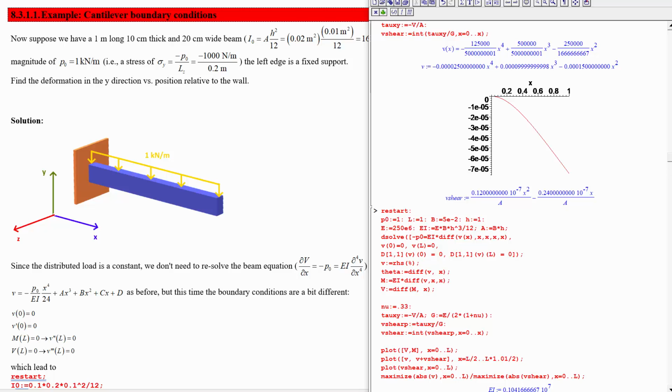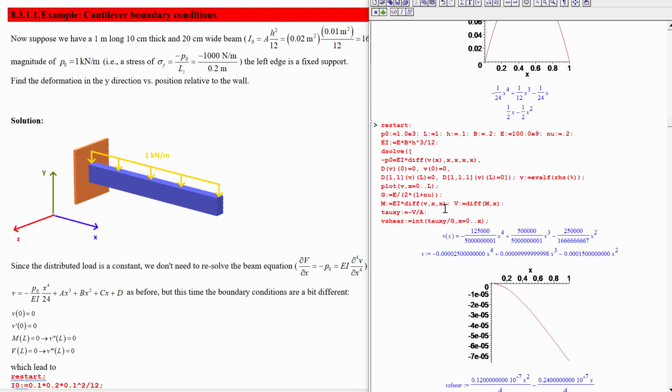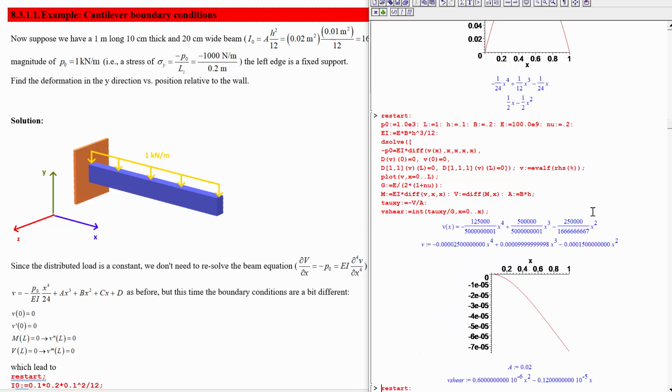All right. The other thing we need is the area, and we could figure that out by putting in area is equal to B times H. Okay, so there's the shear deformation, and we can plot that as well.